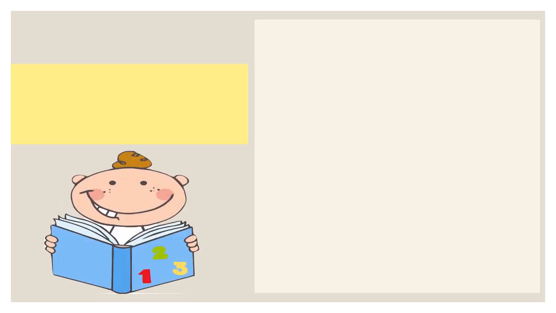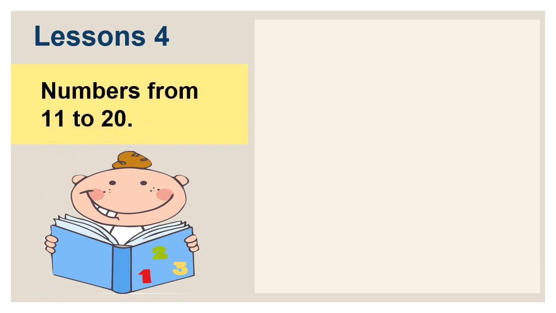Okay, let's go on to the last part of this lesson before we go to our exercises. The last part of this lesson is numbers from 11 to 20. So, are you ready for these numbers? Okay, follow me.